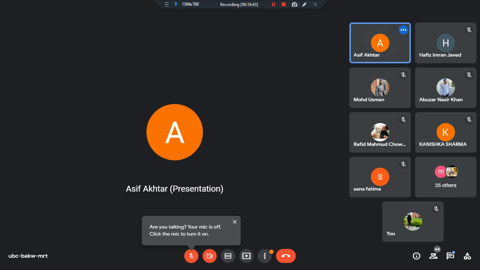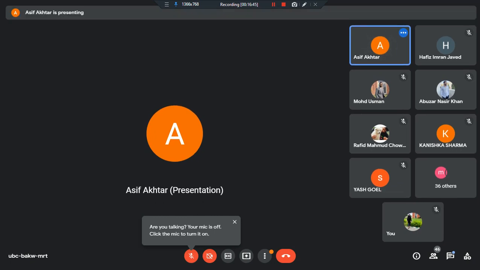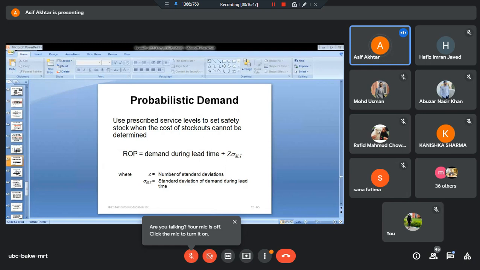This is the fundamental formula which we consider during the calculation.